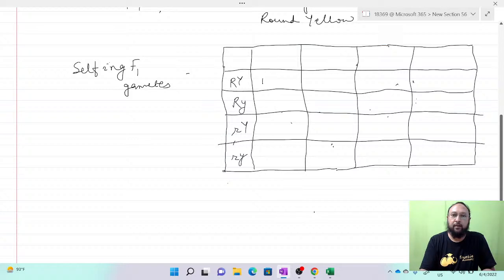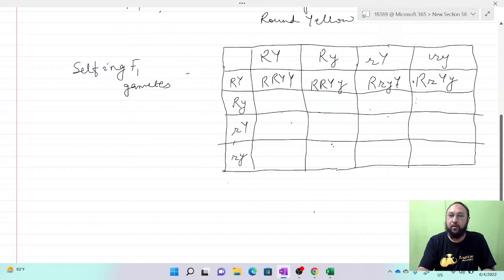Here again we have capital R, capital Y, and small y, and we find combinations such as RRYY, RRYy, RrYY, RrYy, and small r, capital Y, small y, and finally small r, small r, small y, small y.